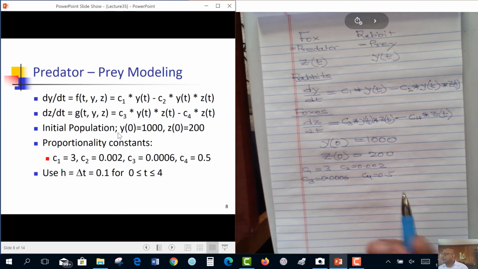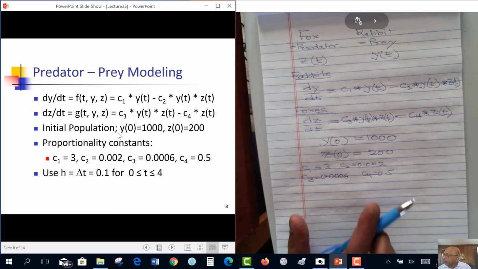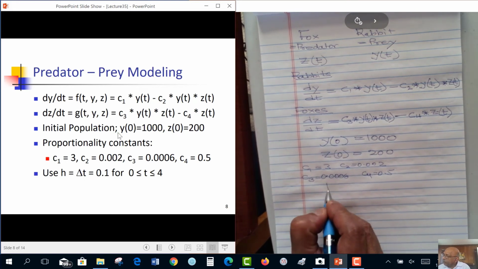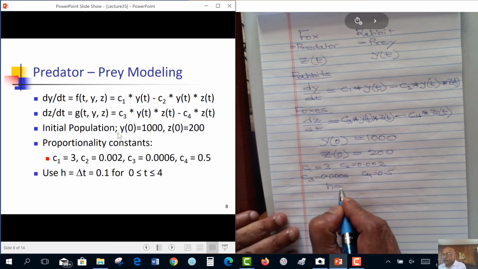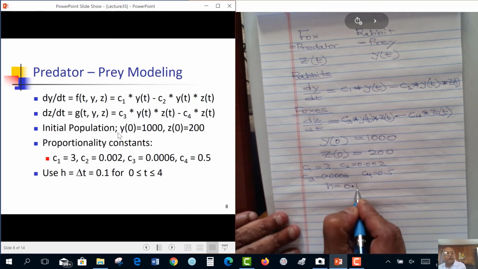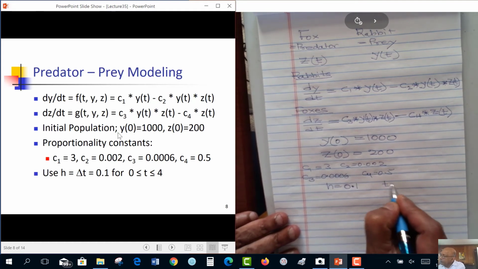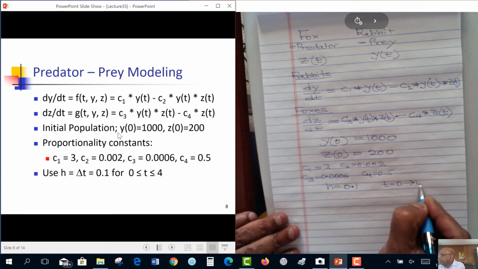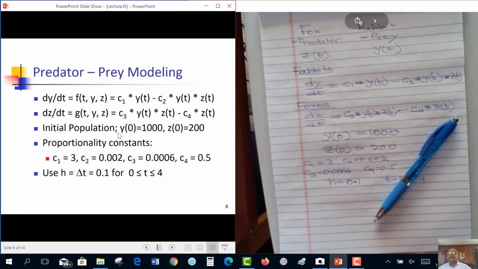Of course, different constants would apply in different conditions, and our curves would be different. We are going to use h of 0.1, and initially we'll go from t=0 to 4. Obviously, we are not going to do hand calculations, so we are going to use a spreadsheet.